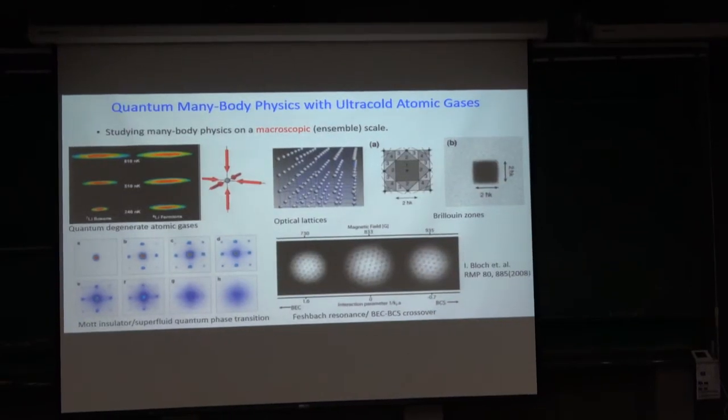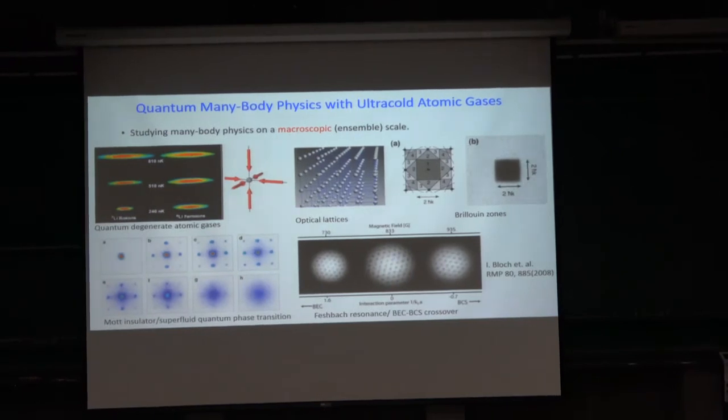In the past 2 or 3 decades, the ultra-cold atomic gases prepared by laser cooling and trapping has become a very powerful platform to study many-body physics or condensed matter physics. Many beautiful experiments can directly reveal in front of your eyes. For example, the Bose-Einstein condensation and degenerate Fermi gas.